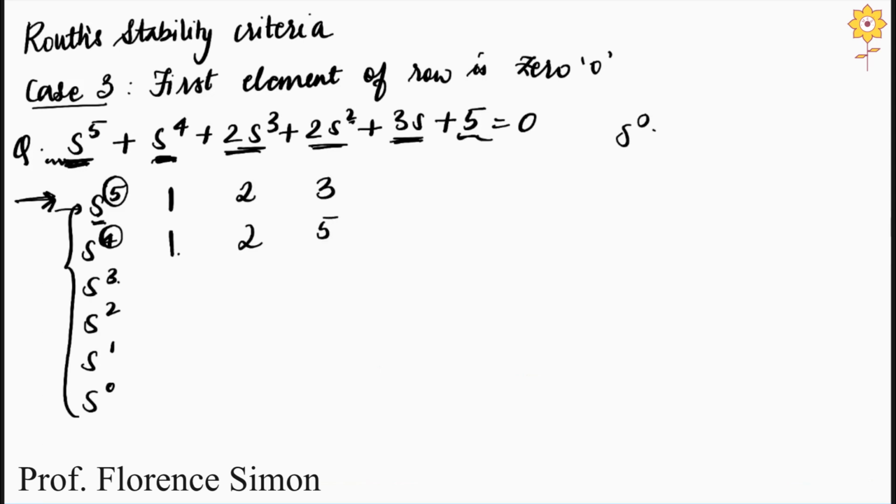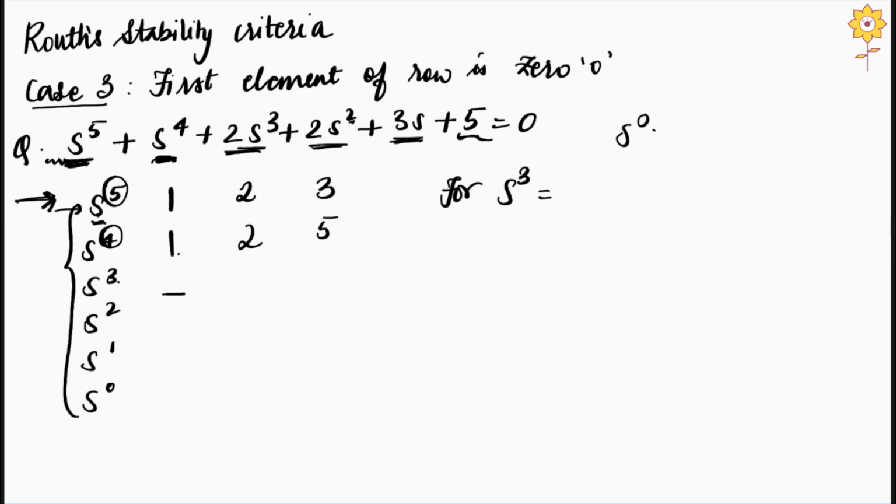So, after filling the first two rows, we will have to calculate and find values for other places in these remaining rows. To find the value for this particular position in S raised to 3, we will have to take 4 values from the preceding rows, right. So, we will be taking these two values, 1 and 1, and then these two values, that is 2 and 2, okay.